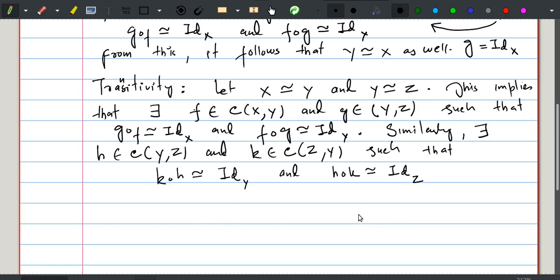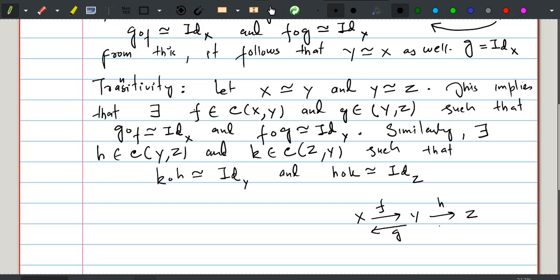So note that we have X here, Y and Z. This is f, this is h. Now this is g, this is k.